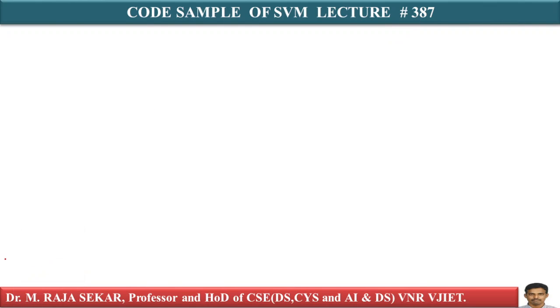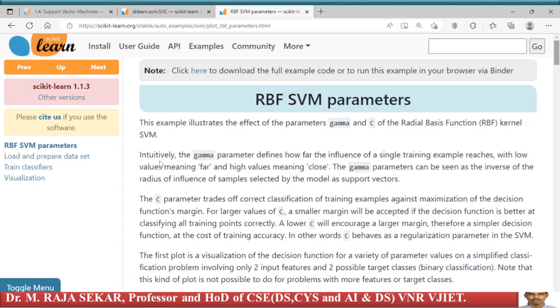In this lecture, we will try to understand a code sample of support vector machines. If you look at this, there is a very nice page called RBF SVM parameters, which tells us what gamma is. Here it says clearly the gamma parameter can be seen as the inverse of the radius of influence.